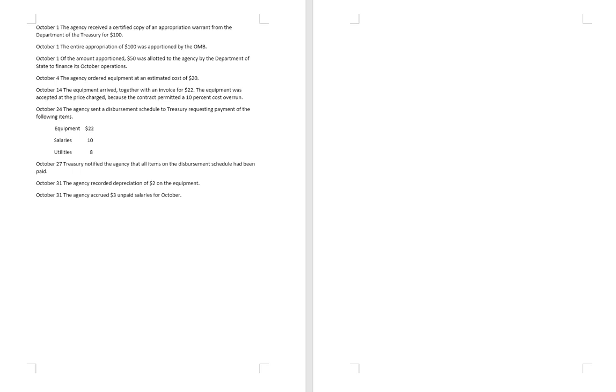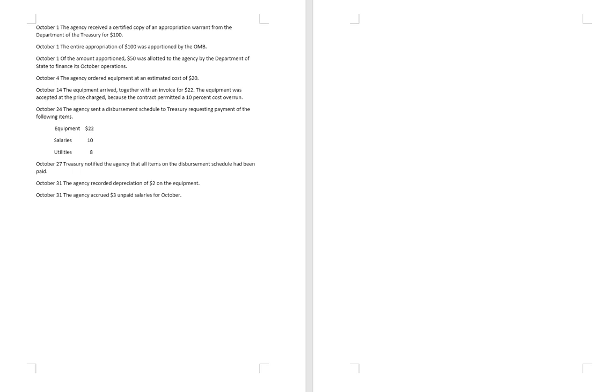The first, October 1st, the agency received an appropriation warrant from the Department of Treasury for $100. In the budgetary accounting, we're going to record the receipt of the appropriations, so we debit appropriations 100 and credit unapportioned.